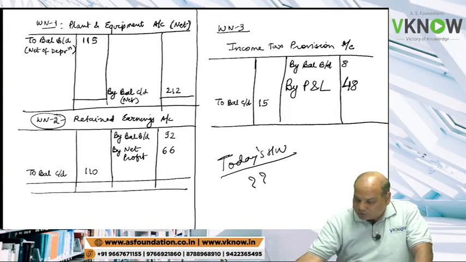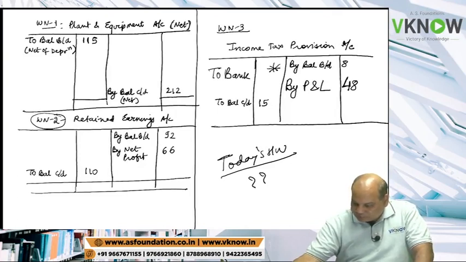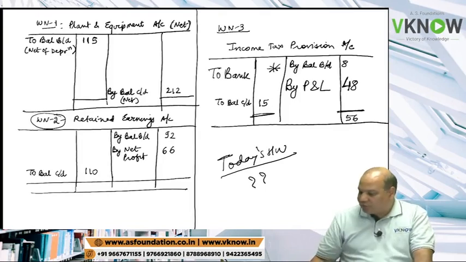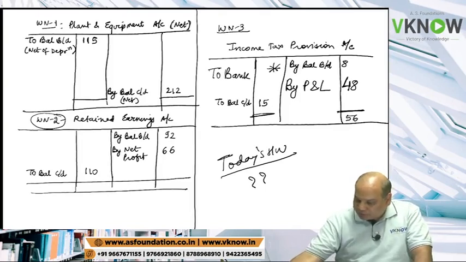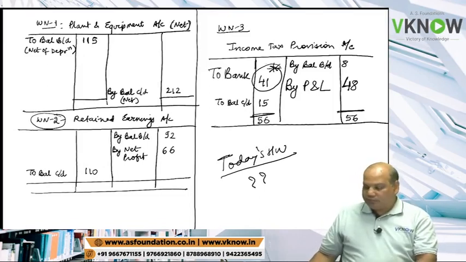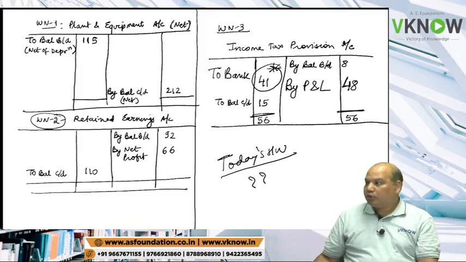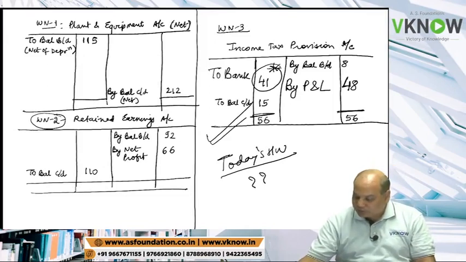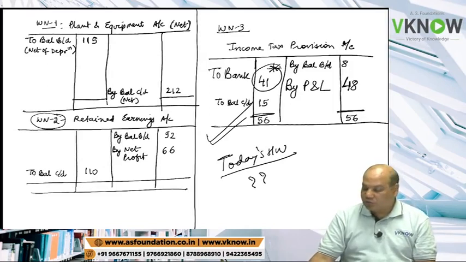And now this provision for taxation account is not tallying. So the difference represents actual tax paid. Take credit side total 56 minus 15, so 41. 41 is the balancing figure in income tax provision account.